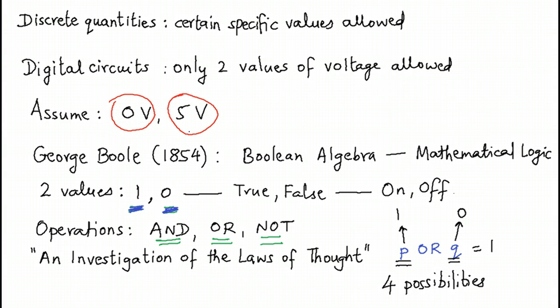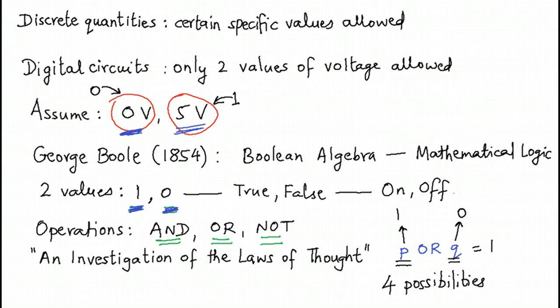And remember, we have made the simplifying assumption that these two voltages are 5 volts and 0 volts. So we assign the two Boolean values of 1 and 0 to these two voltages. For example, the Boolean value of 1 can be assigned to the voltage of 5 volts, and the Boolean value 0 is assigned to the voltage 0 volt.